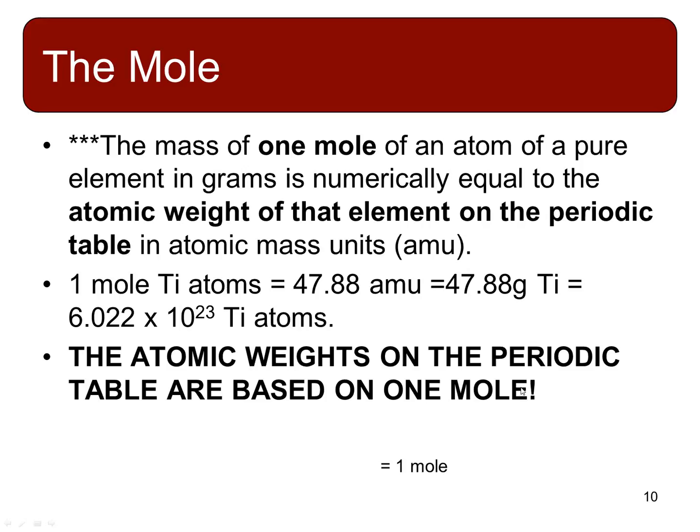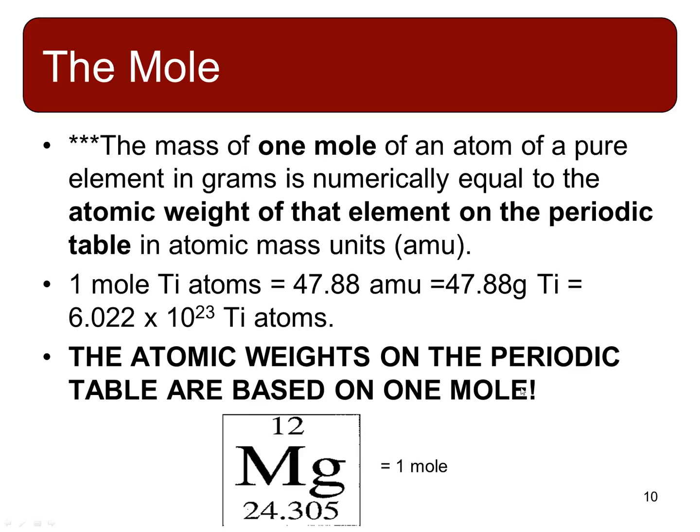So if we look at magnesium, we look down at its atomic weight here. This number is equal to 1 mole, which is also equal to 6.022 times 10 to the 23rd atoms of this.